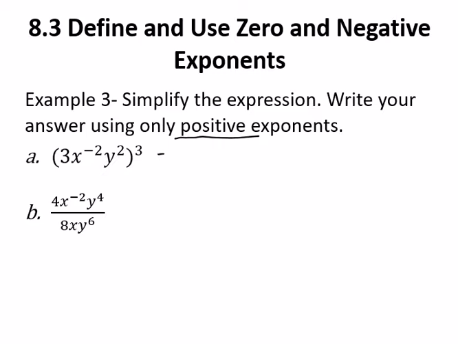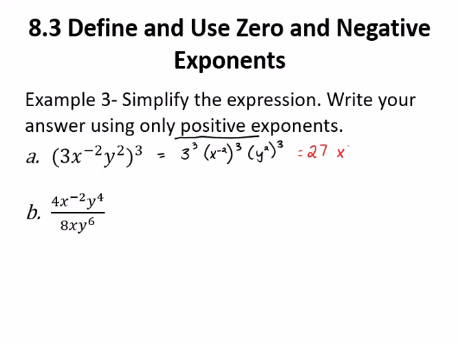So for part A here, you want to make sure to cube every single piece of that product. So that is 3 cubed, x to the negative 2nd cubed, and y squared cubed. Alright, and then you can go ahead and evaluate each piece. 3 cubed is 27.